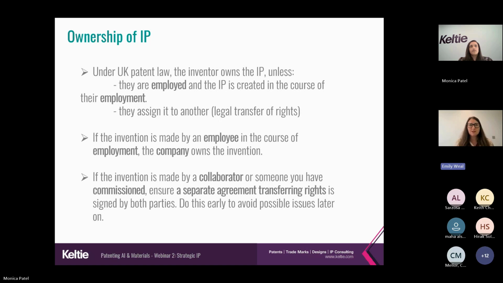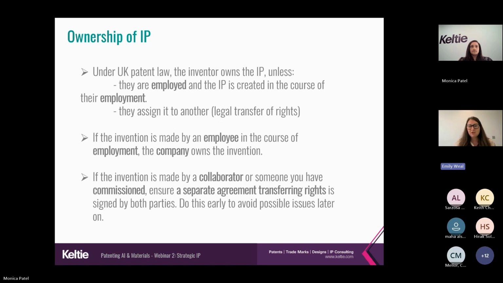For example, who's going to make decisions over what the claim scope is going to be, what countries you're going to go and get protection in? And there might be other questions around if you want to sell the IP in the future, if you want to license the IP in the future, you need the permission of the other party who's the co-owner to take some of these sorts of actions in the future.